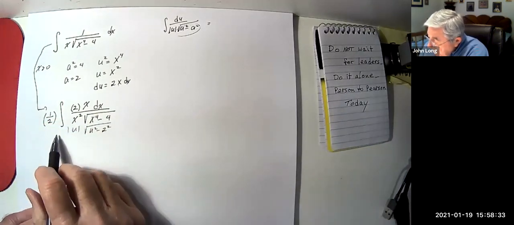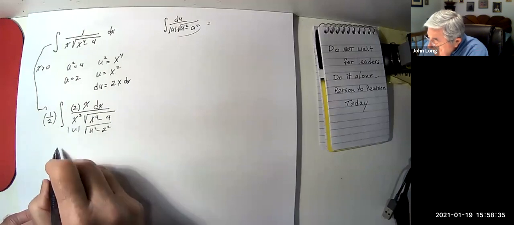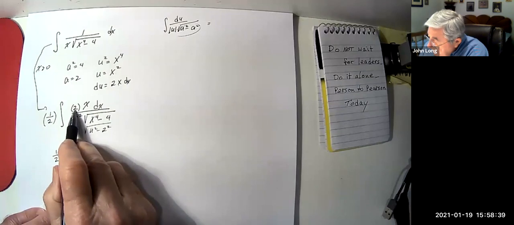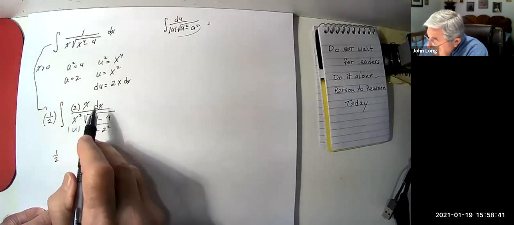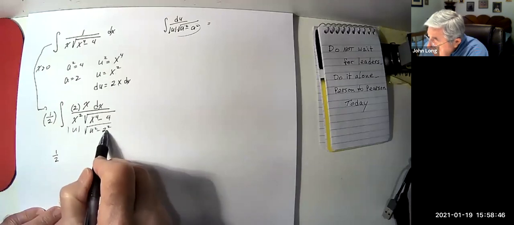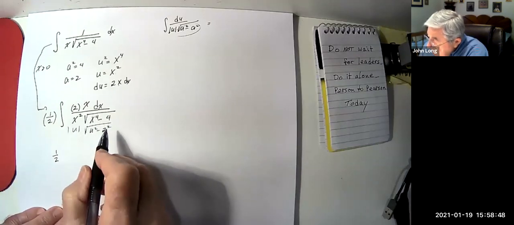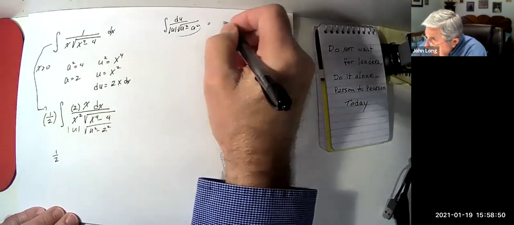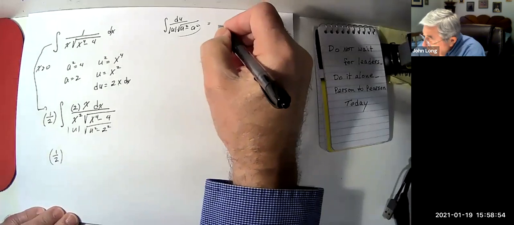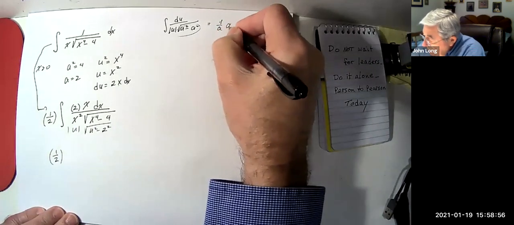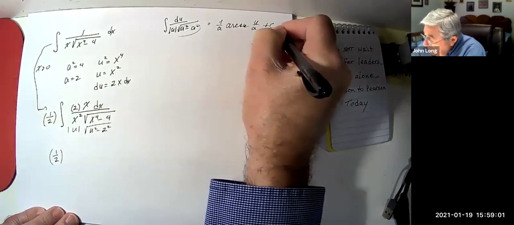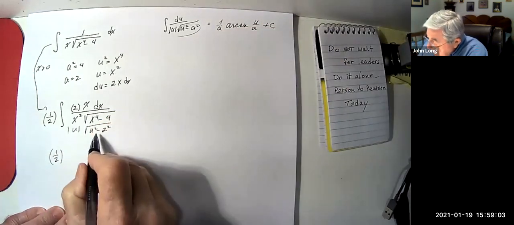Now the problem fits perfectly because we have 1/2 out in front. But then this is, in fact, du over u square root u squared minus 2 squared. So we can fit the formula. Now we need to know what the formula looks like. So the formula looks like 1 over a arc secant u over a plus c. So I need 1 over a.